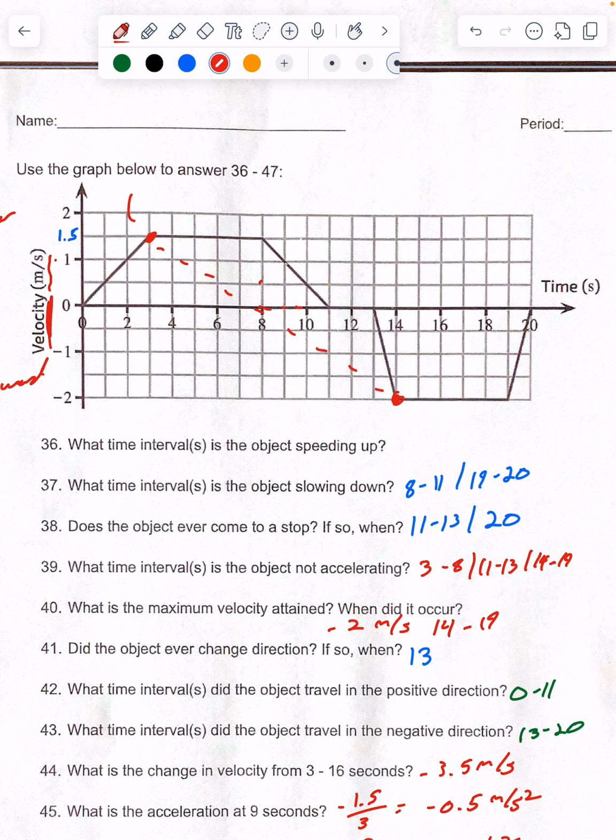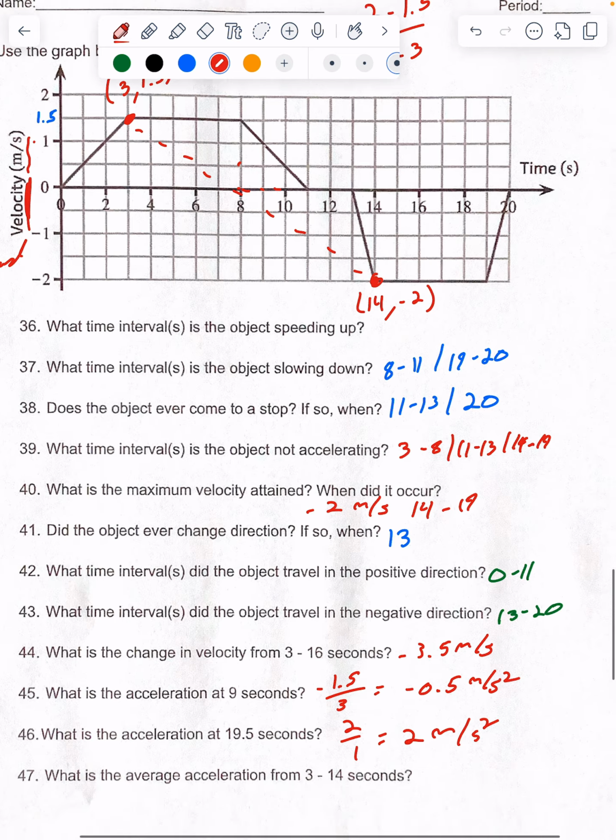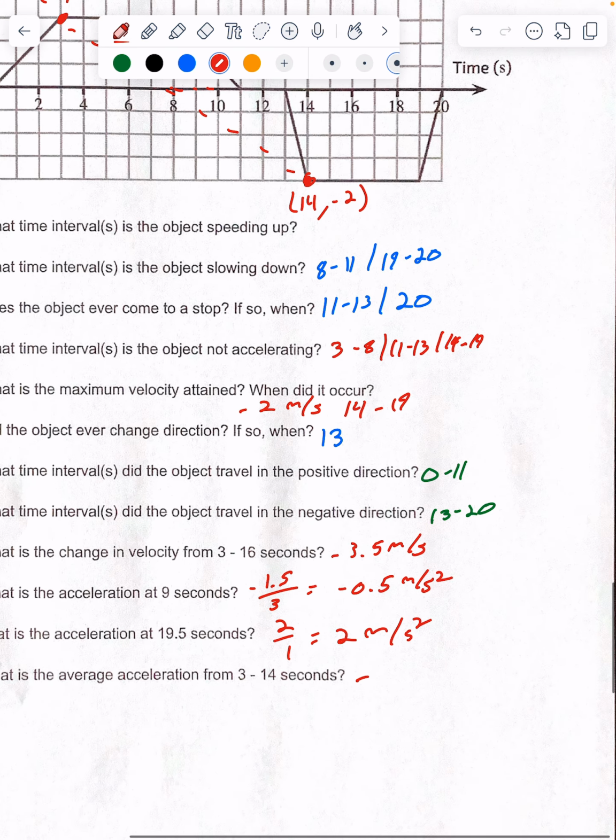I'm going to do it that way. This would be 3, 1.5, and this would be 14, -2. So y2 minus y1, -2 minus 1.5, over x2 minus x1, 14 minus 3. Then you just solve, and you get -0.32 meters per second squared. That's it.